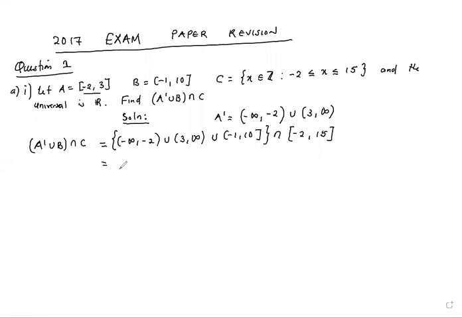So from -infinity to 1, get the union here. The union first, then the intersection.